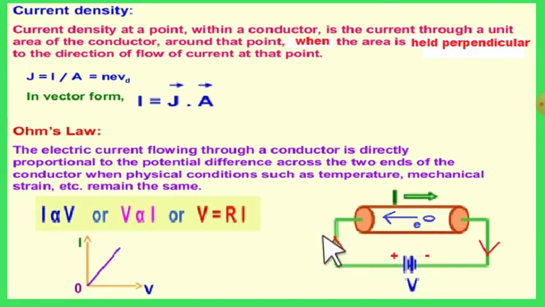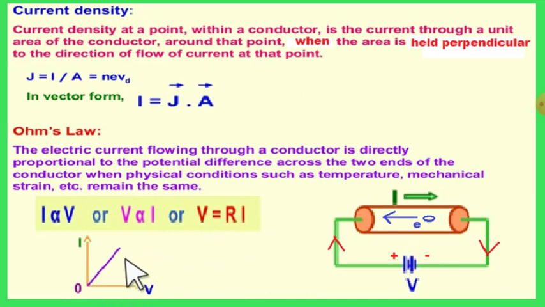So your potential difference across the two ends of the conductor can be expressed as R times the current flowing through it, where R is the resistance of that conductor or material. Now if you draw the potential difference versus current graph, as we have seen V and I are directly proportional, and a directly proportional graph will always be a straight line.